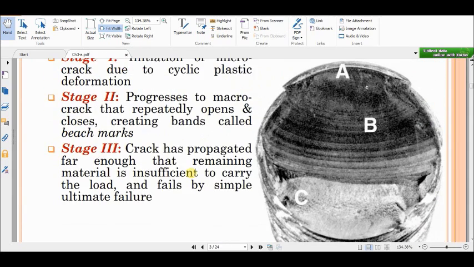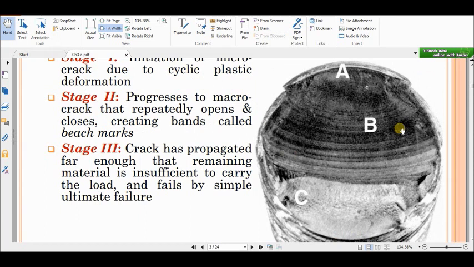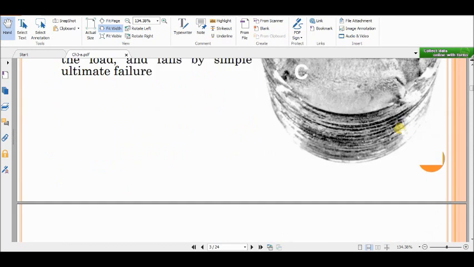So normally when you look at the cross section of the fracture, and you face this pattern, you may judge that the part has failed under fatigue failure.